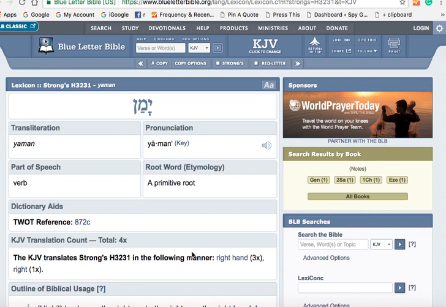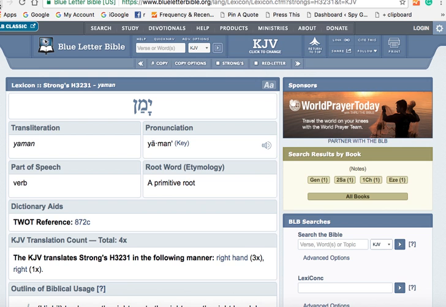It's only used a total of 4 times, this particular word, but if you go on either side of this number, 3231, say down to 28, and up to 3235, you will find words that are similar to this, and just about every one of them refer to the right, or like the right hand, or something being right rather than anything else, like the right hand of God, or whatever it may be.